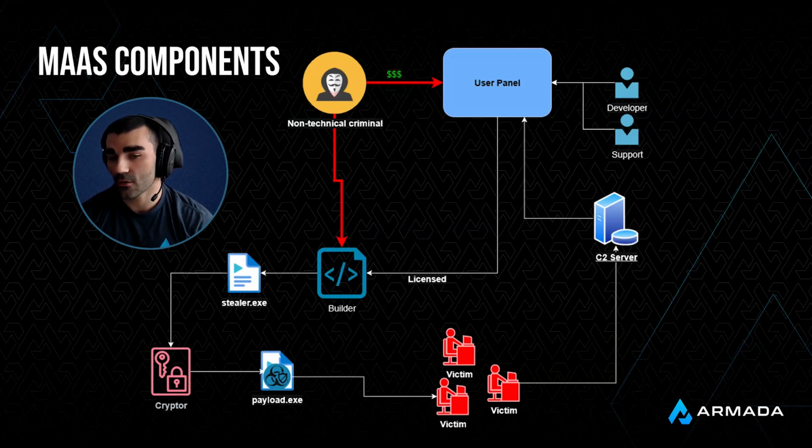Once those execute, the information is sent back to a C2 server and gets populated in a nice dashboard for them, so they can see all the information. There are webhooks involved to Telegram sometimes where it just dumps the information. People pay for access to those dumps or pay for access to be a member of certain Telegram channels. And that's how this malware as a service subscription model really works.